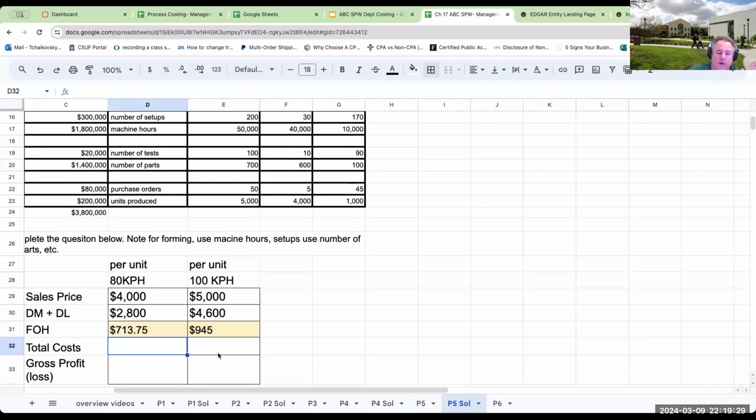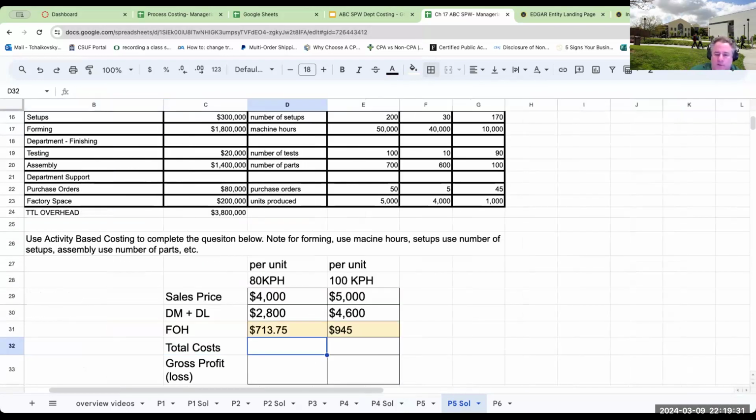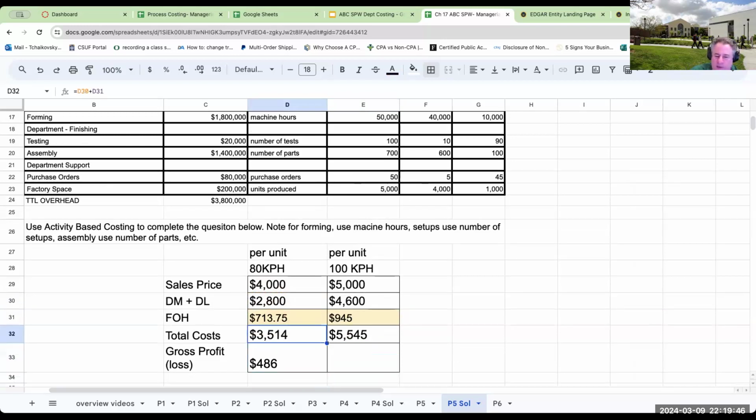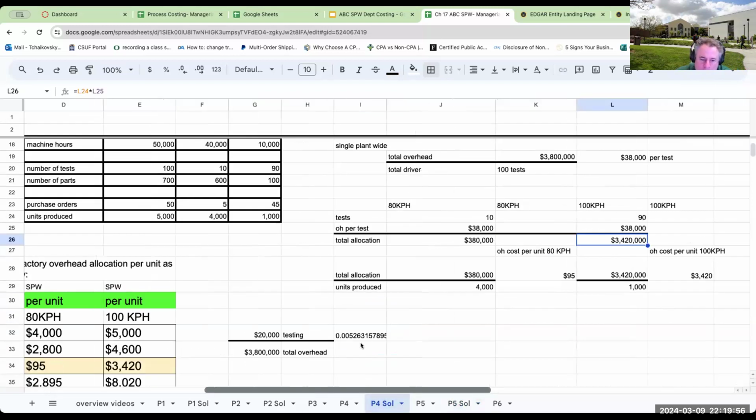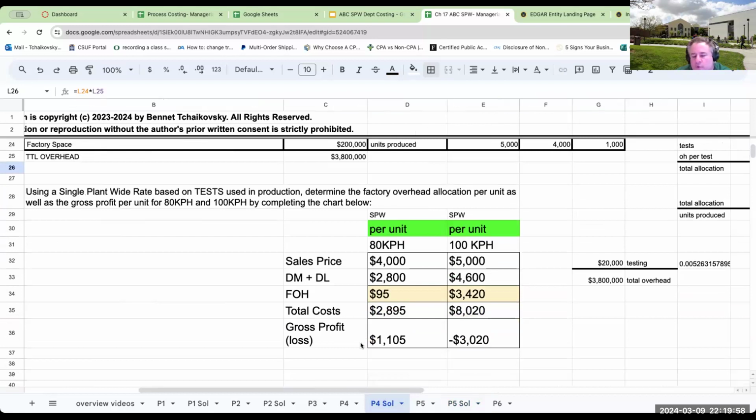okay. So now my total costs per unit are 3,514 for the 80 kph, and 5,545 for the 100 kph. So my profit on the 80 is about 486, while my loss per unit on the 100 is about 545. If I look at this, this is why it's so important for us to be thorough about looking at how we do things.